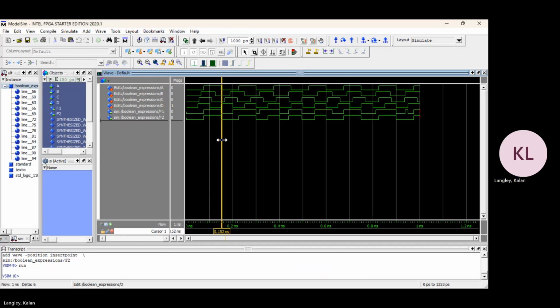There we go. A is 1, BCD are 0s. And look, F1 and F2 are both on.